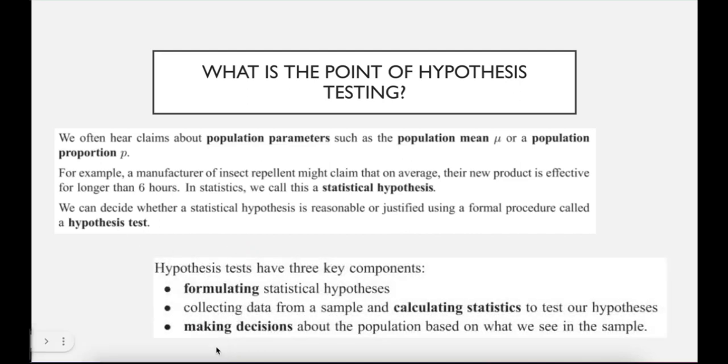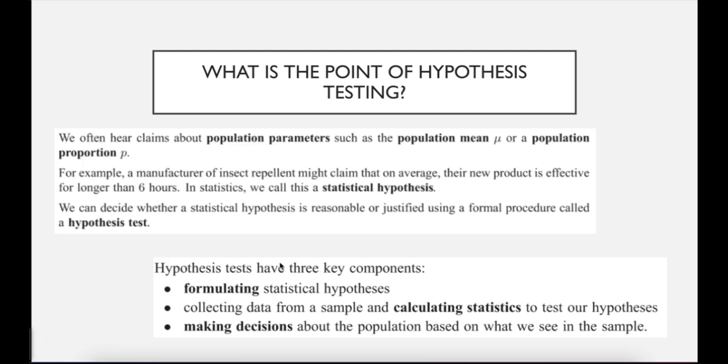In hypothesis testing, we have three key components. We're going to be formulating a hypothesis. We're going to collect data from a sample. So in your IB questions, this data will be given in the question. For your IAs, you're going to be collecting the data yourself. And then from there, we're going to do some mathematical calculations, and we're going to make a decision based on all of this.